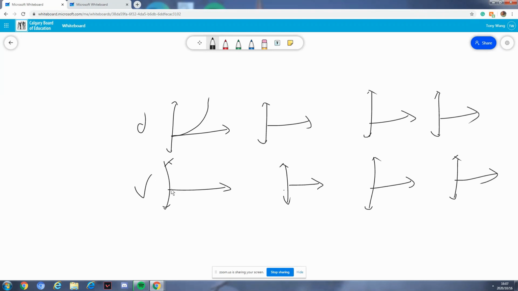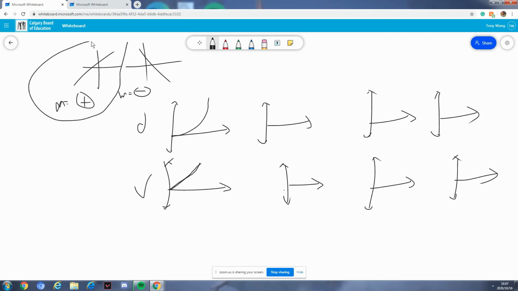If it's faster, it's moving away from the x-axis, and the slope is positive. I don't know if you learned this yet, but the positive slope looks like this, and the negative slope looks like this. So you know what the slope is, therefore you know what the speed is, so you know which half it's in, so we're good.